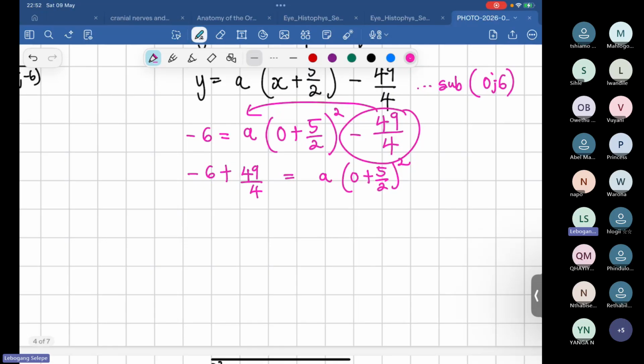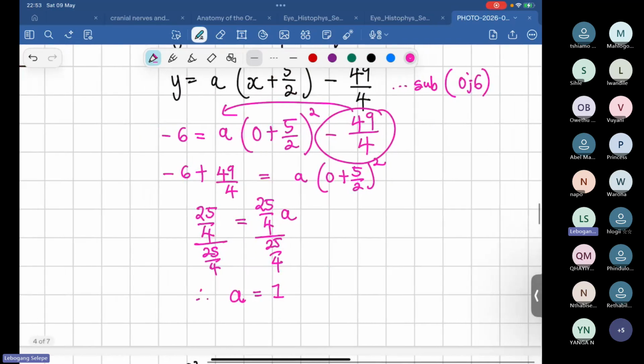When I punch my calculator, -6 + 49/4 gives me 25/4, which equals, what is 5/2 squared if you punch your calculators? 25/4, thank you, times a. Then we can divide by 25/4 on both sides, and we find that a = 1.